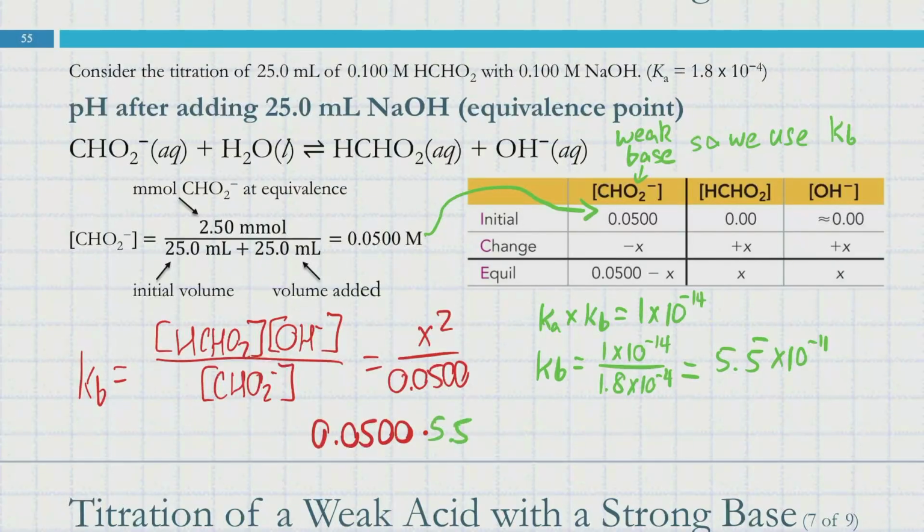So continuing the calculation to get our X by itself, the square root of our Kb times 0.05, X is 1.6 repeating times 10 to the minus 6.